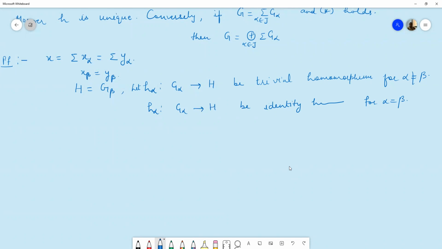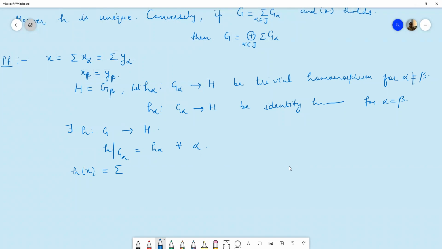And for other cases where alpha is not equal to beta, we assume H alpha is a collection of trivial homomorphisms. So by the given star condition, there exists a homomorphism H from G to H, which is H alpha when we restrict it to G alpha for all alphas. So H of X is a summation, because it is a homomorphism.